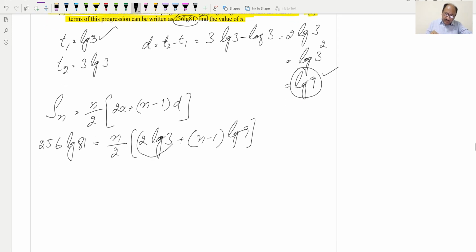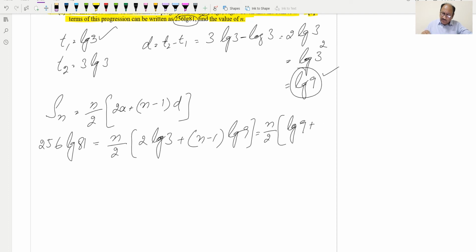In a similar way, we can write this as log of 9, and this will be equal to n by 2 and log 9 plus n log 9.